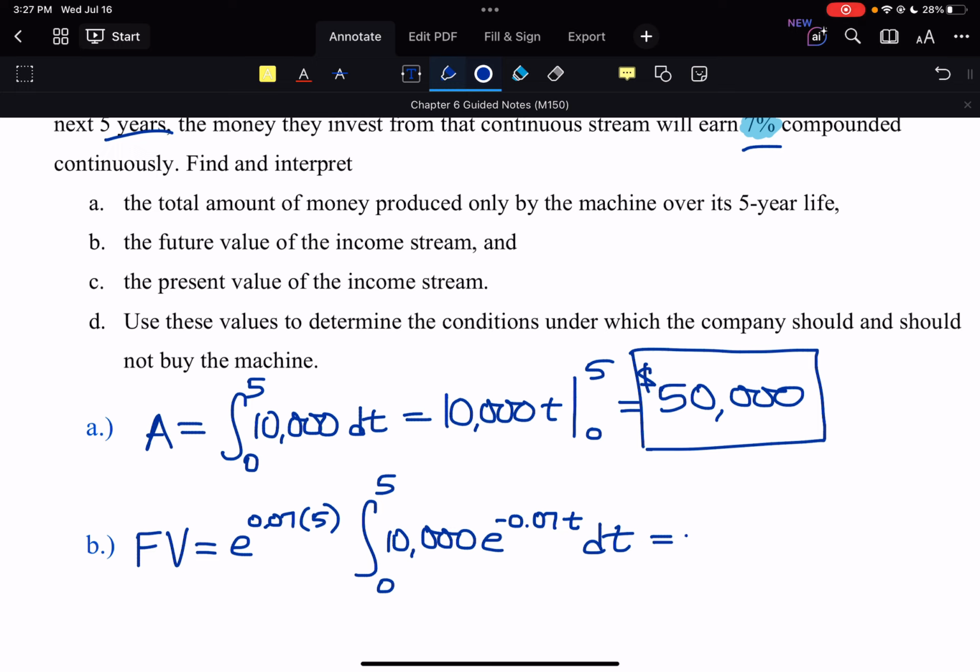So this is going to be e to the 0.35 times e to the negative 0.07t, and then we're going to divide by negative 0.07, because again, we're taking the antiderivative. So that's 10,000 divided by negative 0.07 times e to the negative 0.07t, evaluated from 0 to 5.